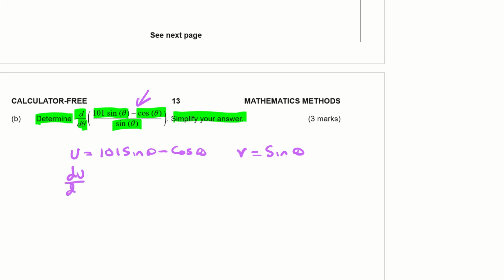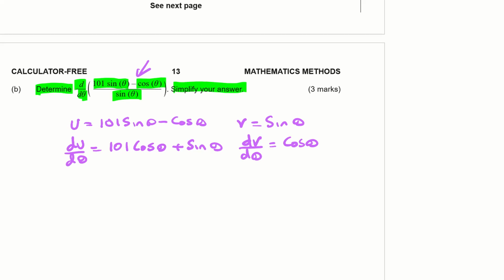So du d theta is going to be 101 cos theta plus sine theta, because when you differentiate cos you get negative sine, and dv d theta is going to be cos theta.